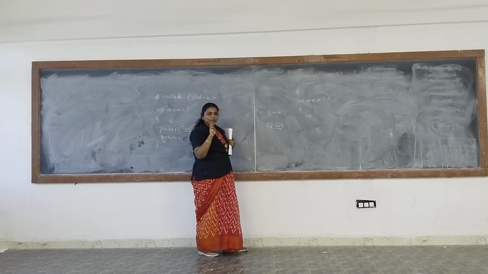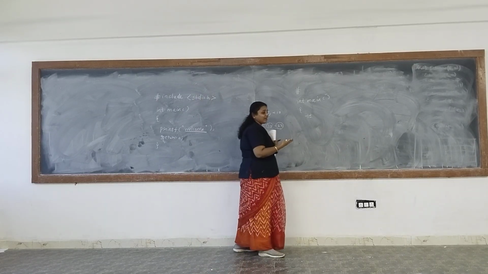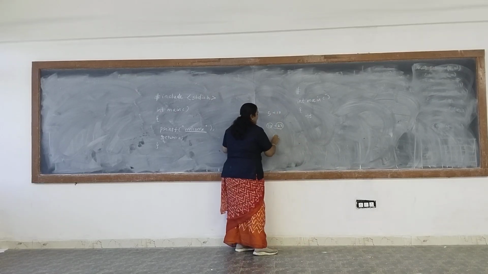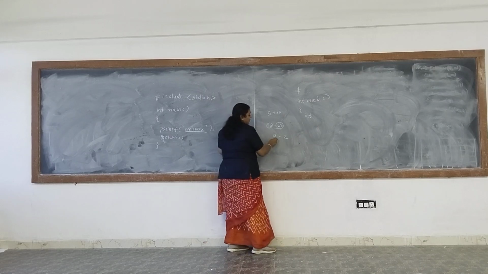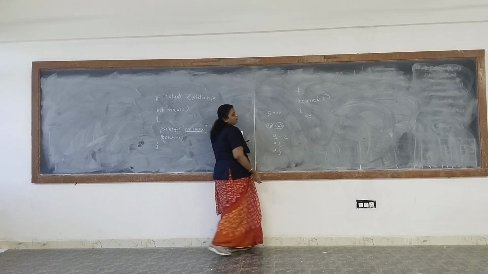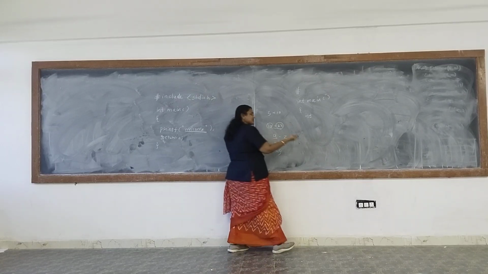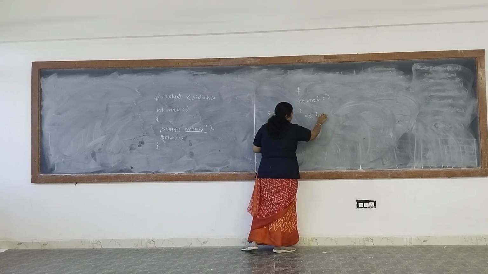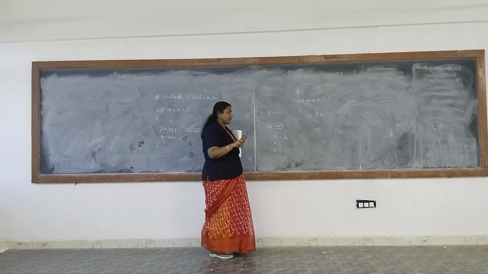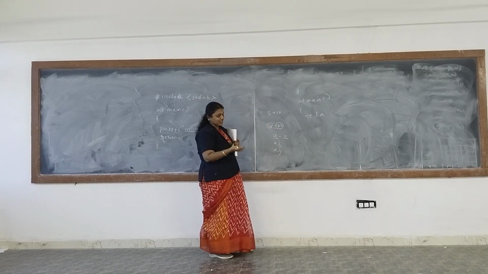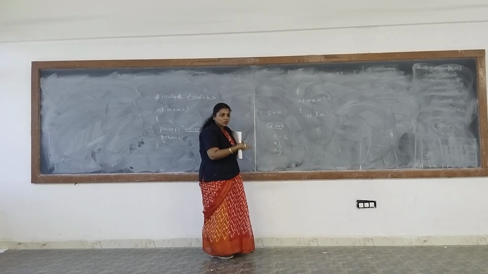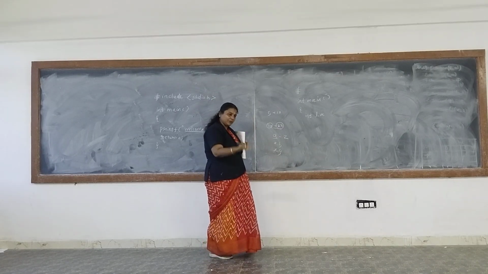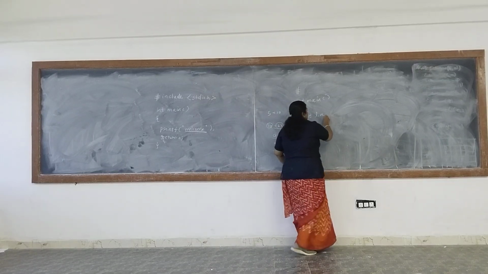For that I need two variables, so you can give any two variables from A to Z, but they should be consecutive: A comma B, or X comma Y. I can start with L, so L and M. So with two number inputs, they want the operation as addition. Once we add the numbers, the value should be stored in another variable, like the output variable. We can name it sum.